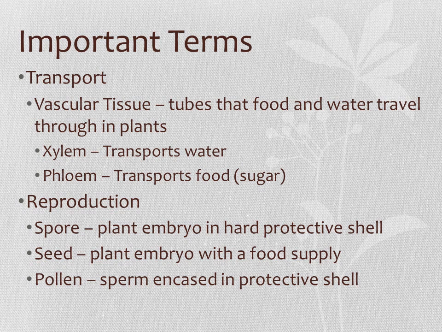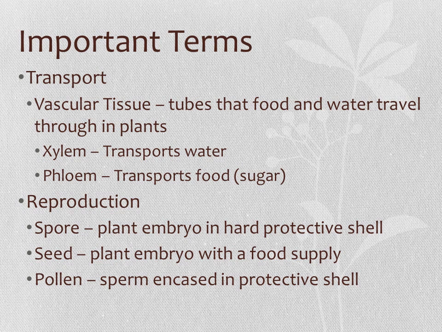A couple other important terms that'll be helpful when you're doing the activity in class tomorrow. We're going to do some more specific activities on these 2 topics, transport and reproduction, later this week. But just in general, transport just means how things are carried through the plant.